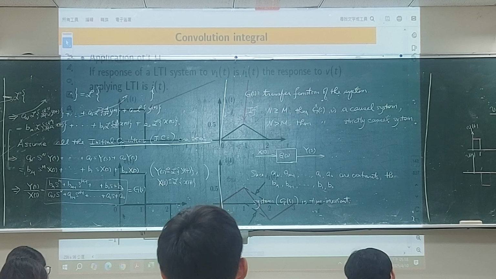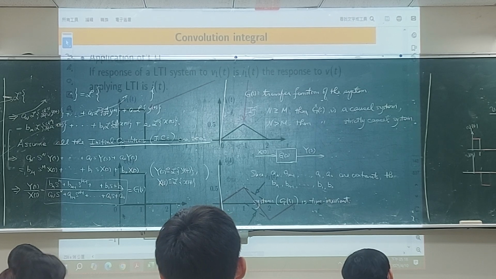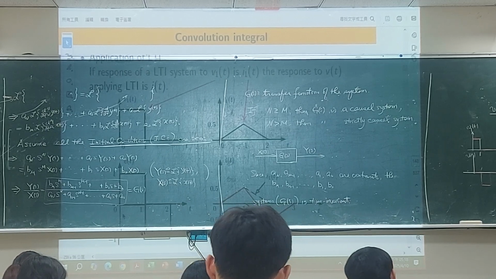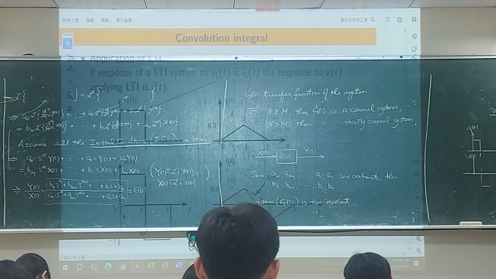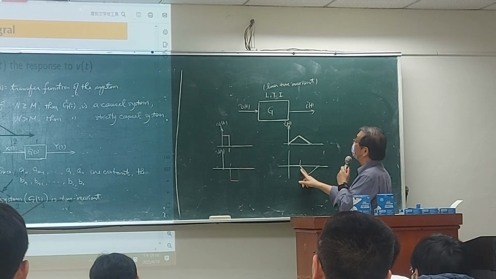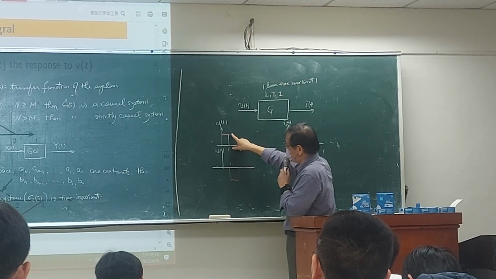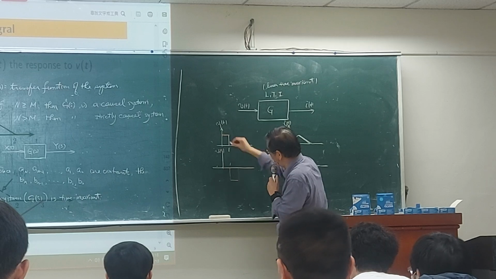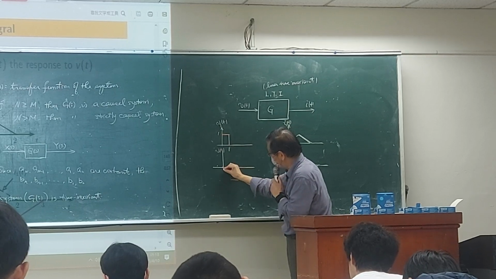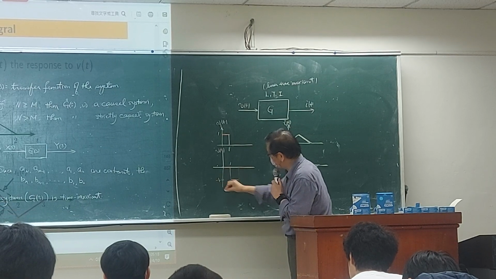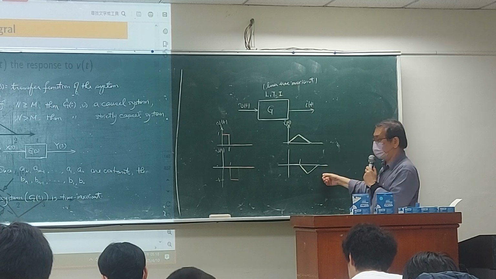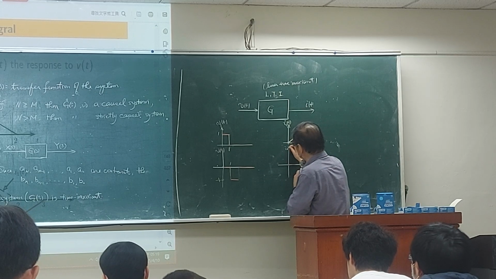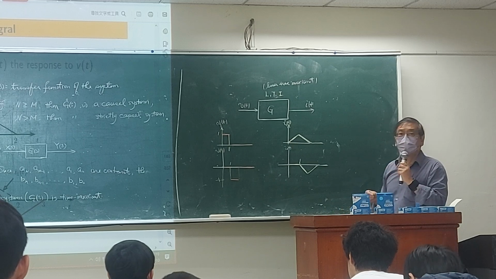Right? Okay? It is time invariant, so I simply shift the output signal to the right by 1 second, and multiply it by negative 1, and flip the signal. So suppose this is 1, and then this is negative. Then this becomes the output. Am I right?